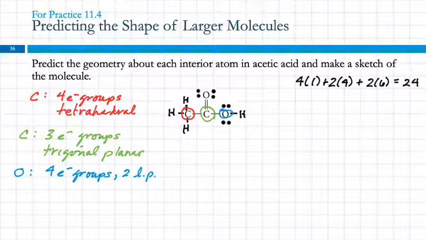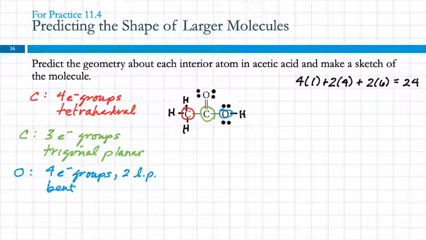Call those LP. So the electron geometry would be, for 4 groups, tetrahedral. And then 2 of those balloons are invisible. What's the name of what's left? Bent. So this is bent. So that's predicting the geometry around each interior atom.